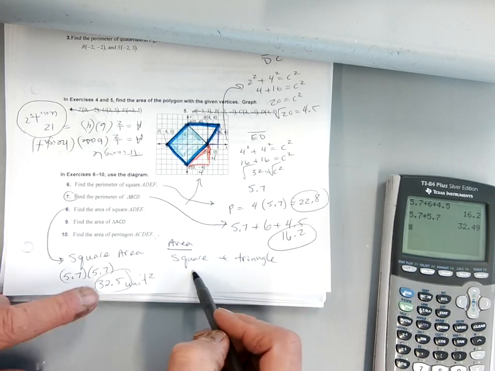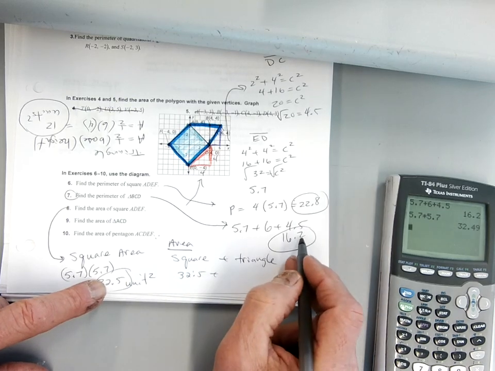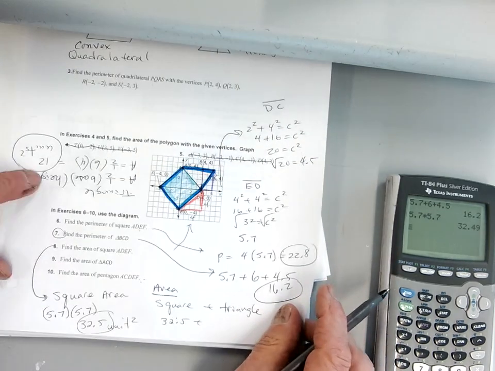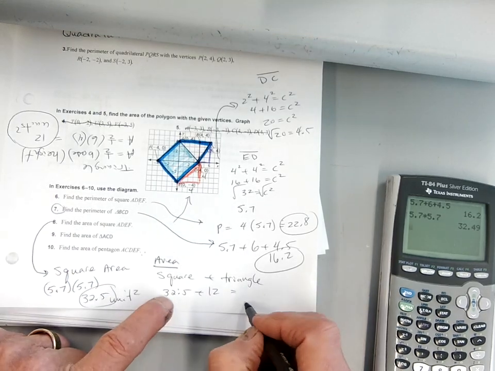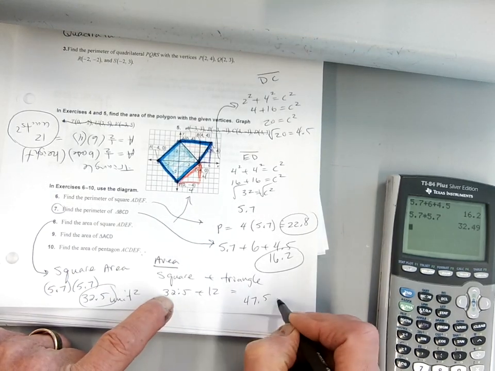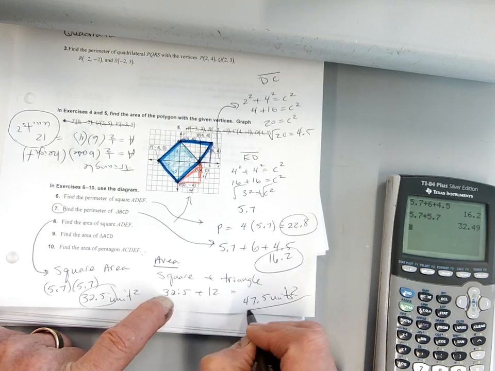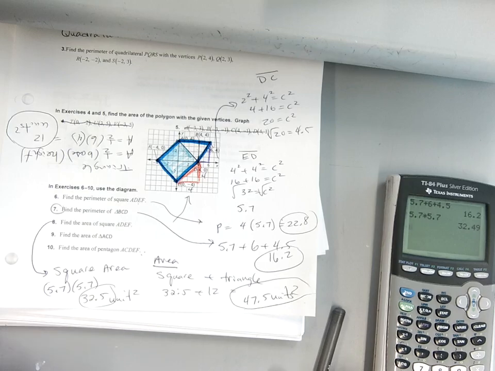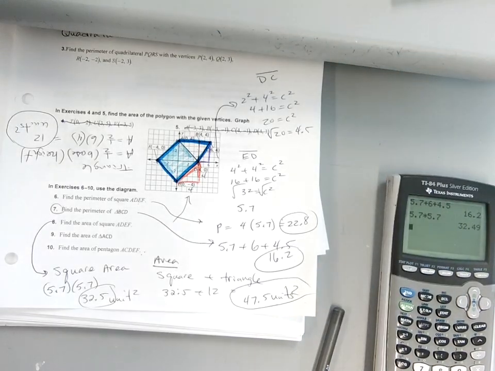The square we found was 32.5, and the triangle we found was 12, which makes 47.5 units squared. All right, so today, a little bit harder, but you guys can do this, I think.